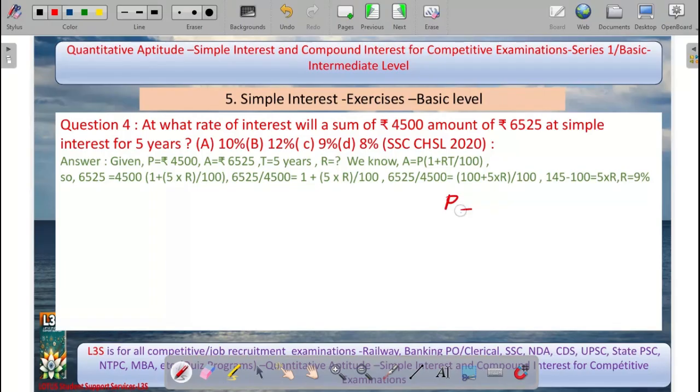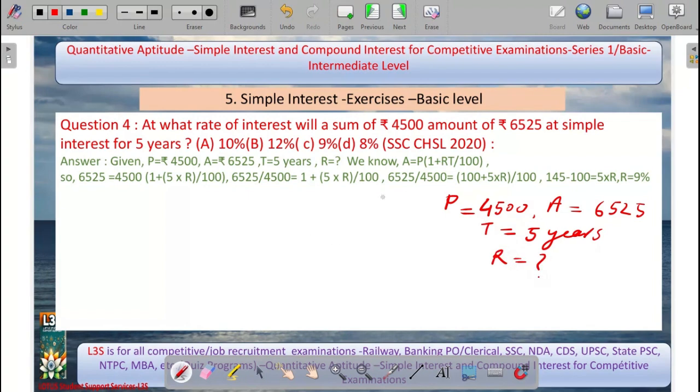P is the initial sum, that is 4,500. Then it will become 6,525. That will be the amount. And the time period is given, it is 5 years. So we have to find out the rate of interest.